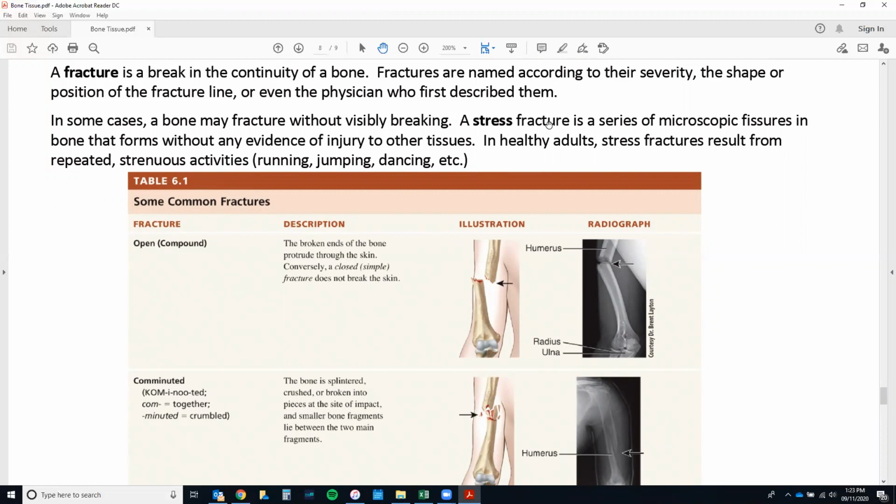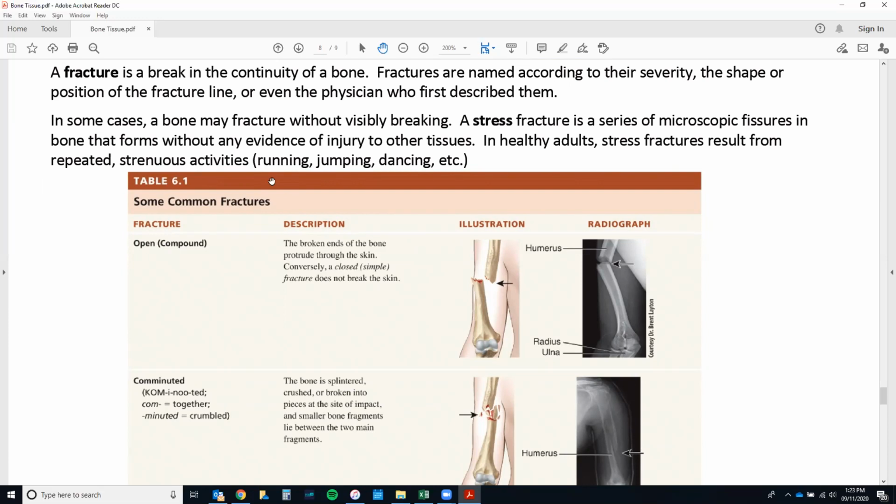A stress fracture is described as a series of microscopic fissures in the bone that forms without any evidence of injury to other tissues. And so, you may fracture without visibly seeing it broken. Stress fractures are typically a result of repeated strenuous activities, things like running, jumping, dancing.